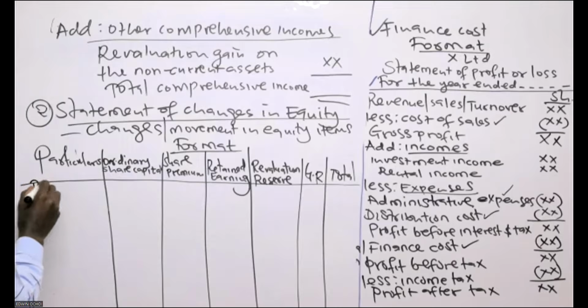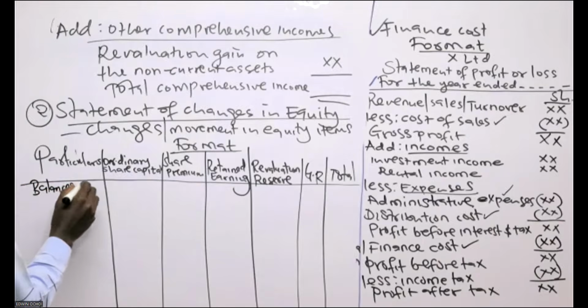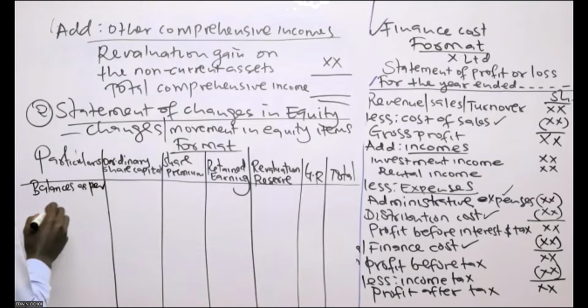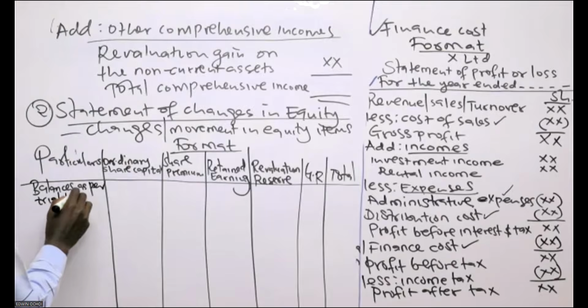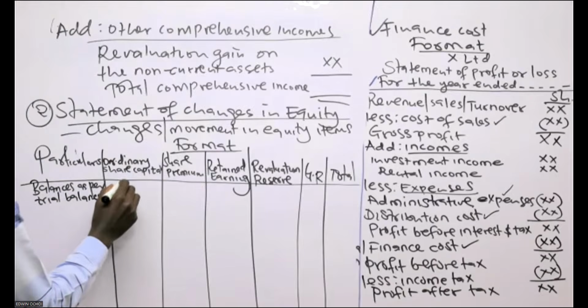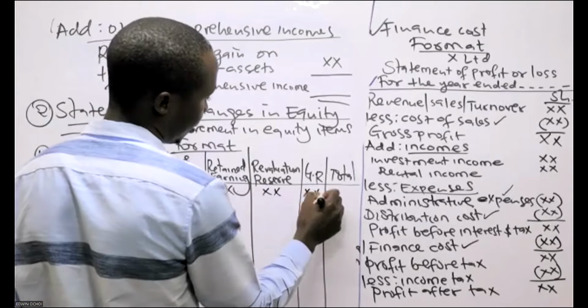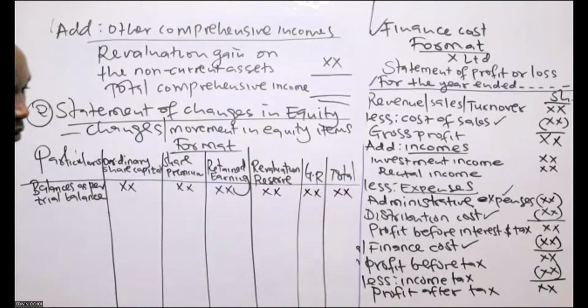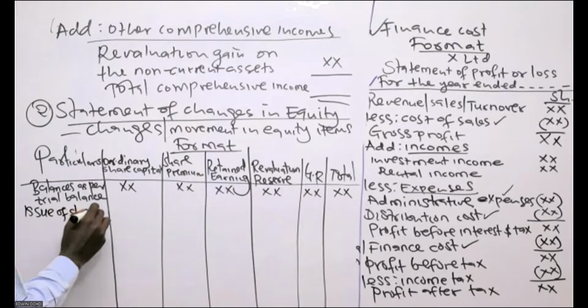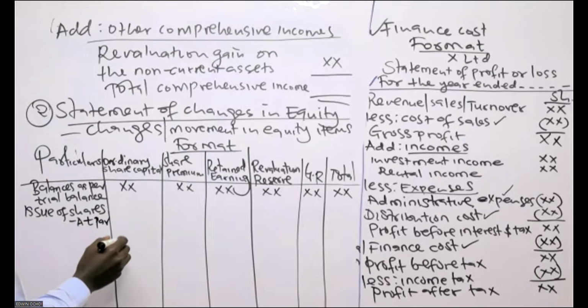Here we have the balances. We start with the balances as per the trial balance. Then after that, we talk about issue of shares. Issue of shares can be at par. The issue of shares at par affects what?